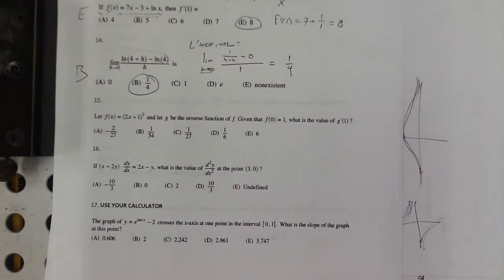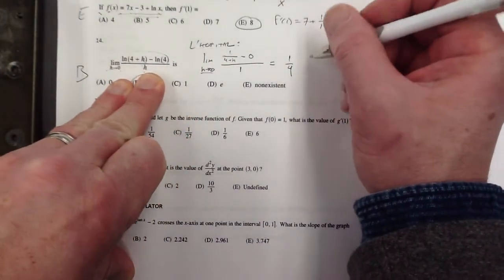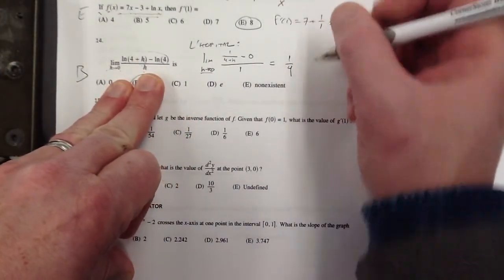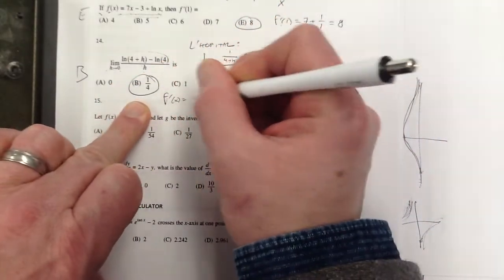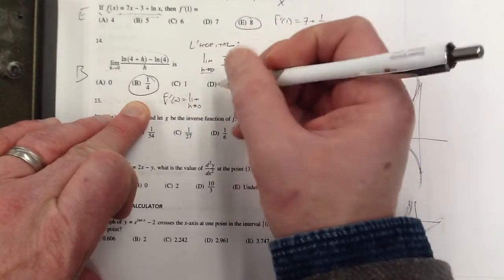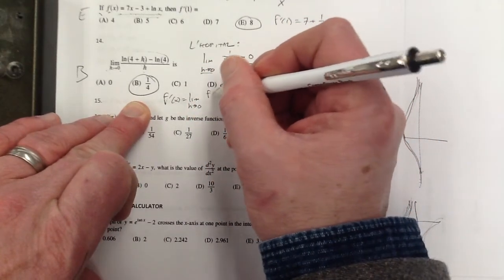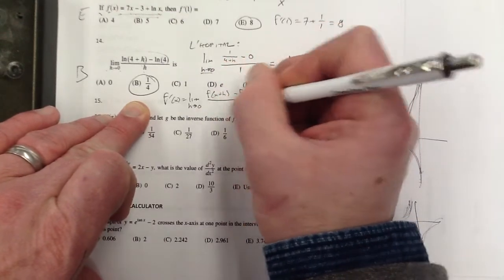The other way to do that is to look at this and say, hey, I just studied my calculus notes, and I remember that the definition of the derivative, f prime of x, is equal to the limit as h approaches 0 of f of x plus h minus f of x over h.